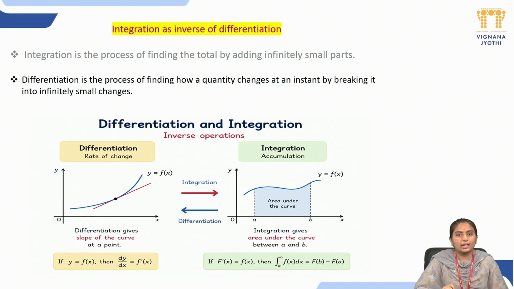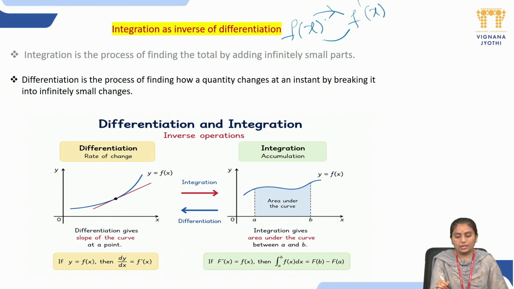And here, integration is the inverse of differentiation. So for any function, if we take f of x, after the derivative it becomes f dash of x. This process, where we are splitting it into finite elemental parts, we call the derivative, and making a sum of each and every split part back into the original function, we call integration.